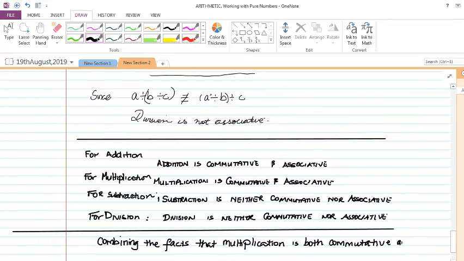So you combine the facts that multiplication is both commutative and associative.